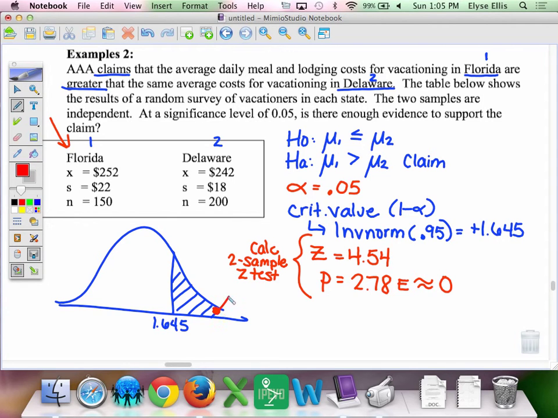This is a very, very, very small p-value. Even when you graph it, 4 is so big compared to everything else when you plot it on your picture, we're definitely rejecting this null. So we are going to reject the null and do the opposite for our claim. We are accepting the claim.